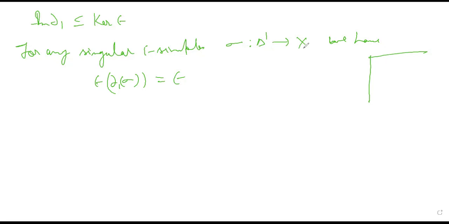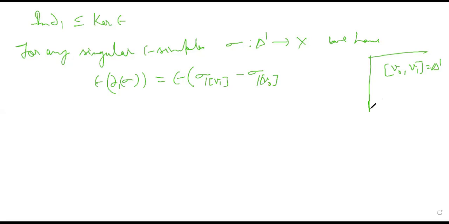so this standard one simplex will be of the form v naught v1, something like this. Okay, so if you apply the boundary map, then we have here sigma restricted over v1 minus sigma restricted over v naught.